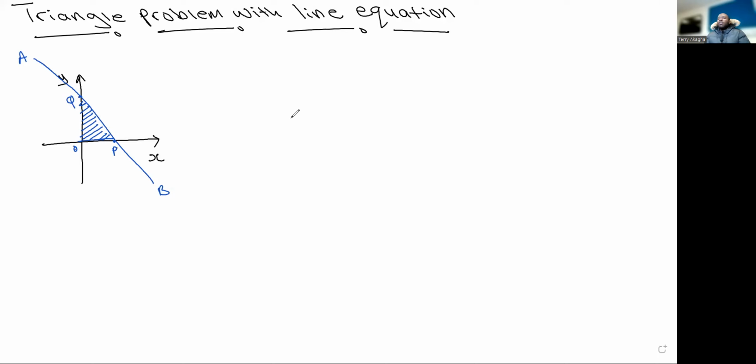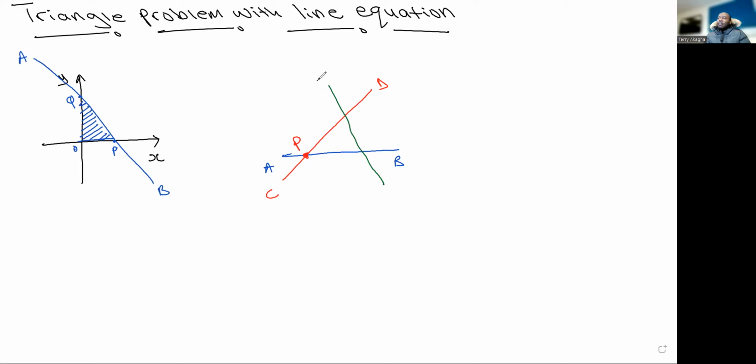All right. It's also possible you could have three lines making a triangle. So let's assume we have line AB. Then let's assume we have another line, CD, intersecting at point P. Then let's call another line EF.